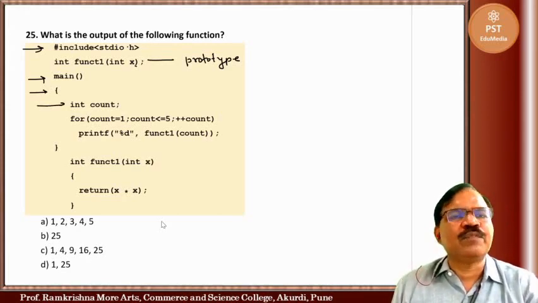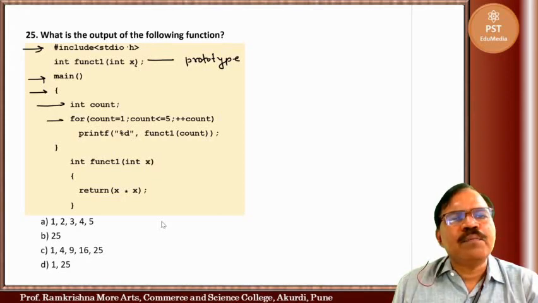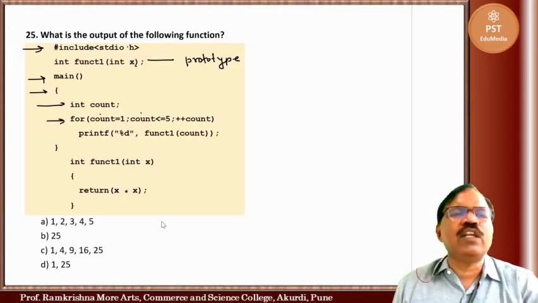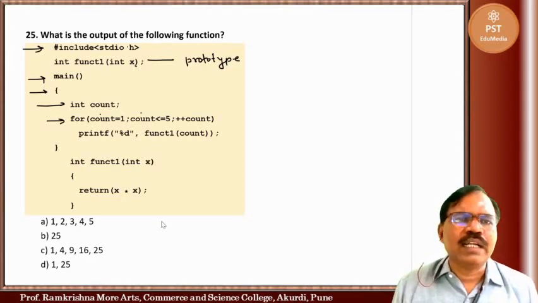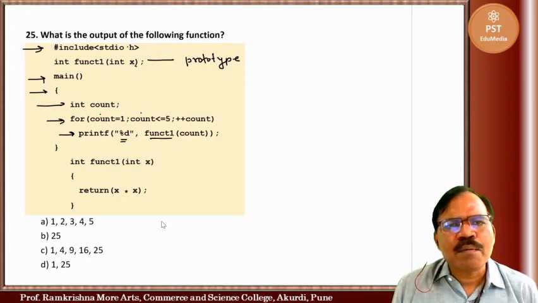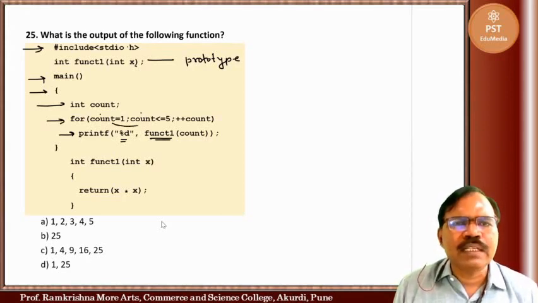Count is a variable. Then the for loop: count equal to 1, count less than or equal to 5, plus plus count. Now the initial value of count is 1. So the condition is true, it will go here. printf %d funct1 count. So what happens here? Here count is 1. So the function is called.